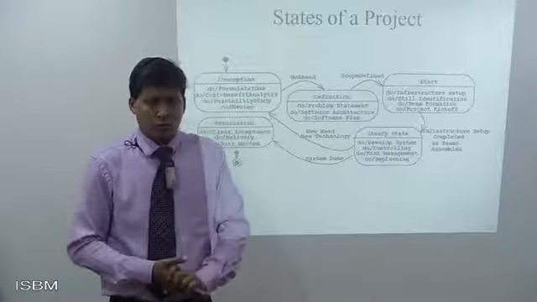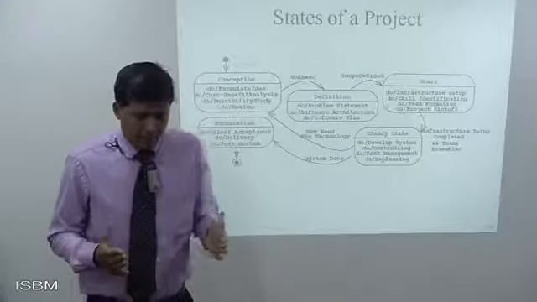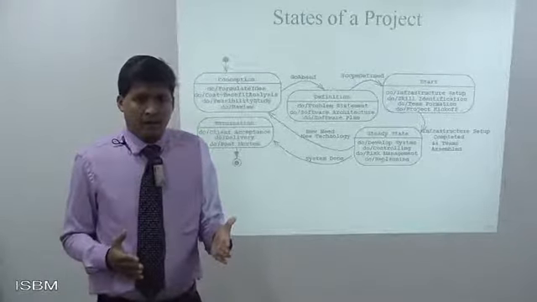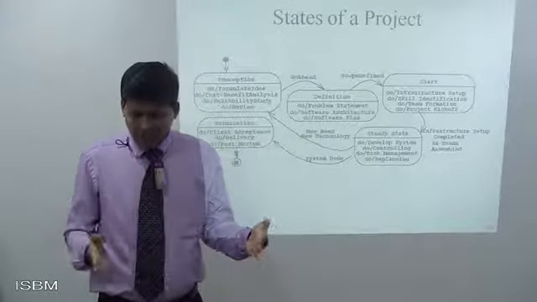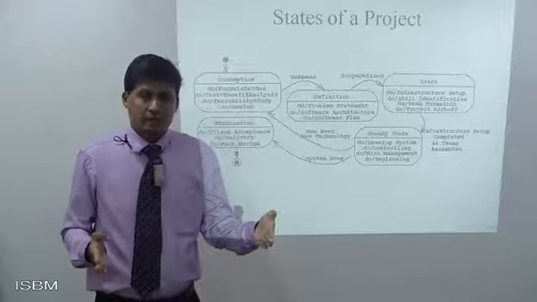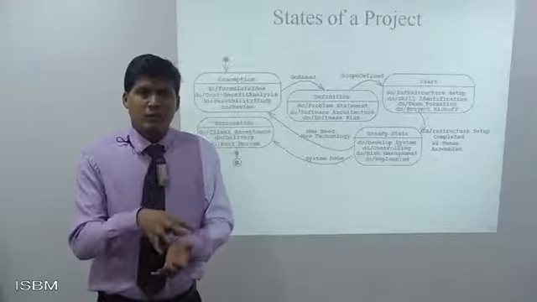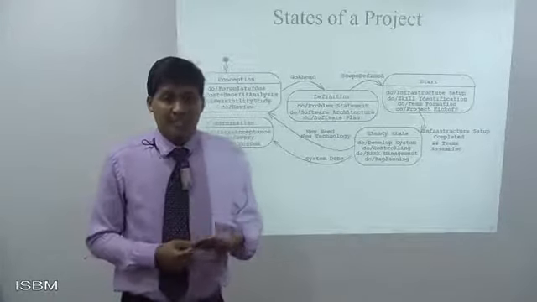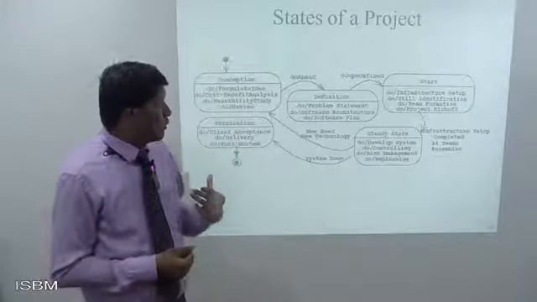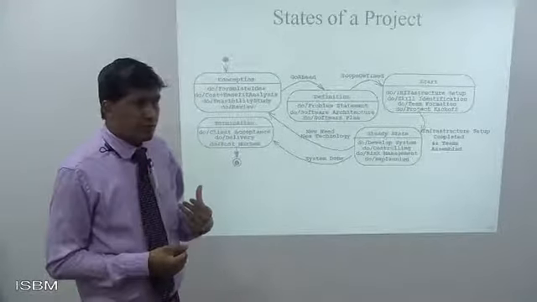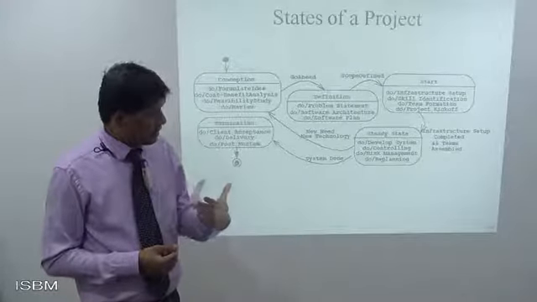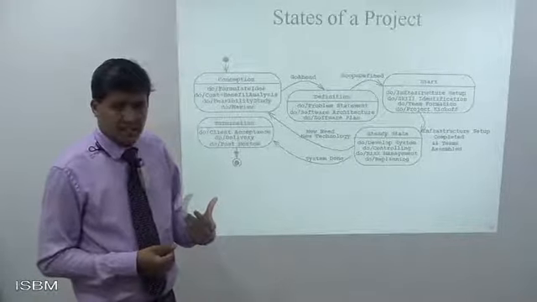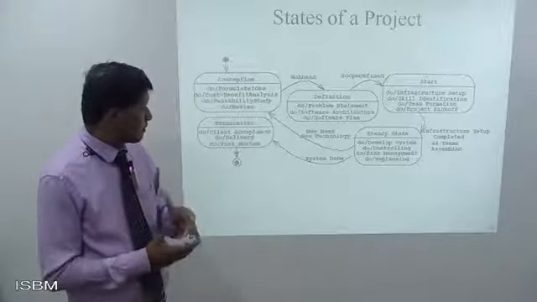States of project. They say that when a project runs from point A to point B, or a starting point to an end point, there are various little milestones that a project goes through, which we call states. So right from conception, definition, start, steady state, and sometimes possibly a termination as well.